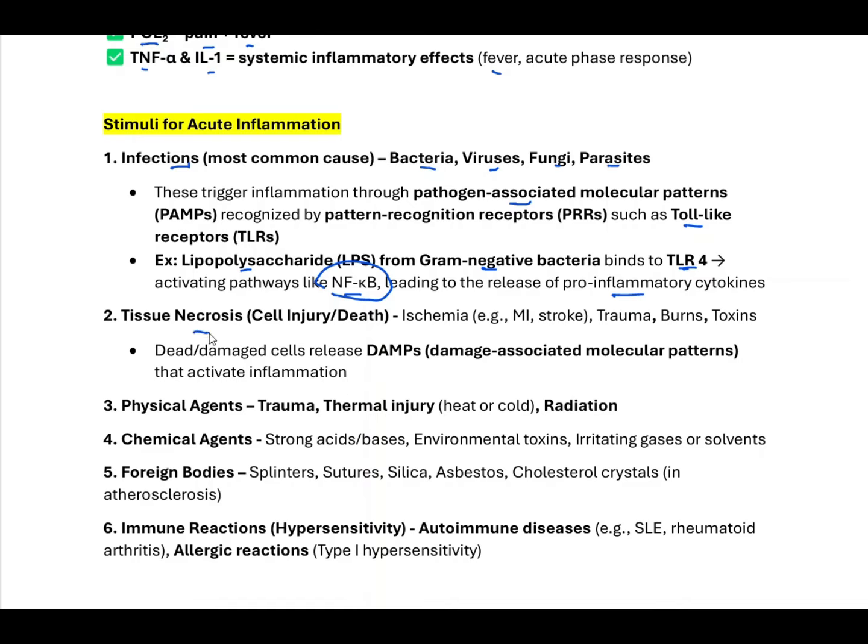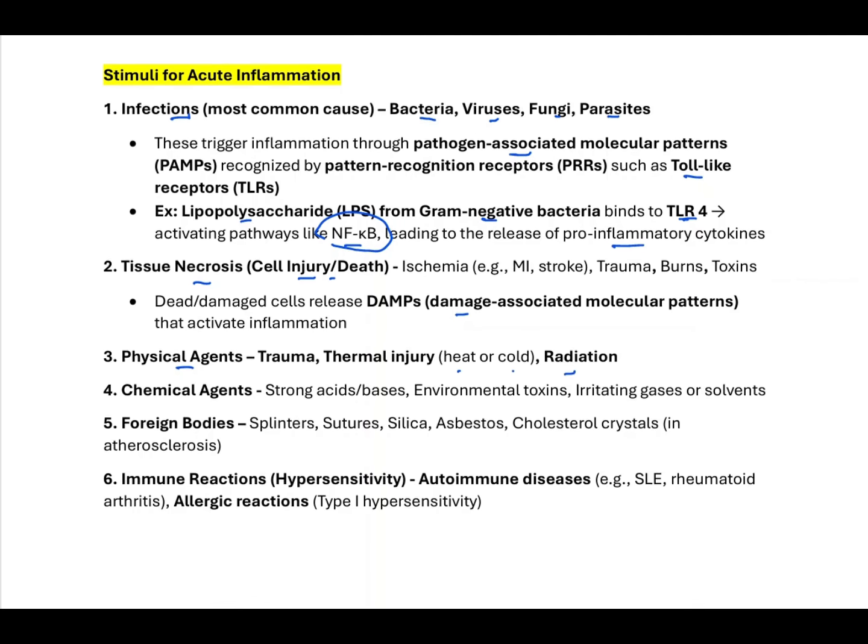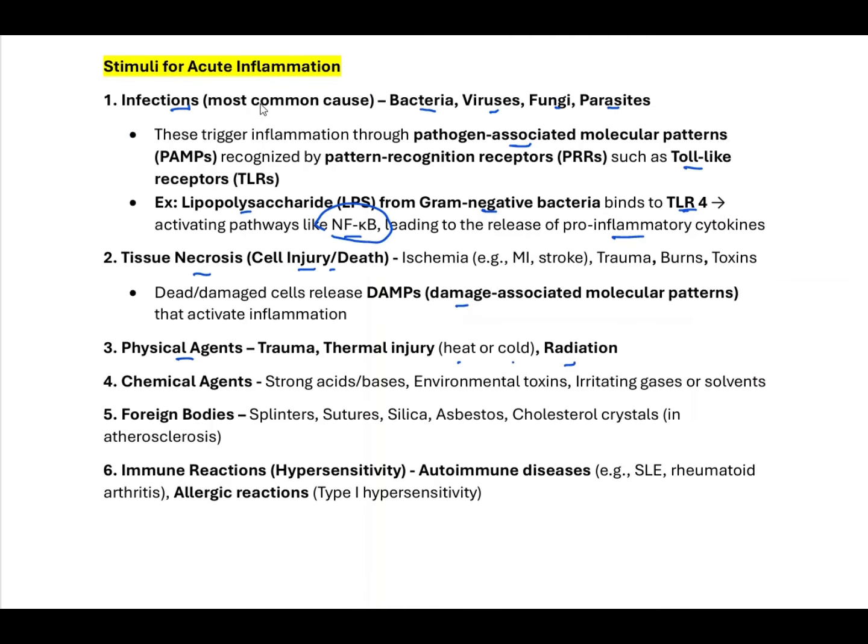Next is tissue necrosis. So like cell death, cell injury, like acute myocardial infarction, trauma, toxin. All these could lead to acute inflammation. So dead or damaged cells release what we call damage-associated molecular patterns, and this could activate inflammation. Next is physical agents like trauma, thermal injury like heat, cold, or radiation. The next thing that could be a stimulus for acute inflammation is chemical agents.